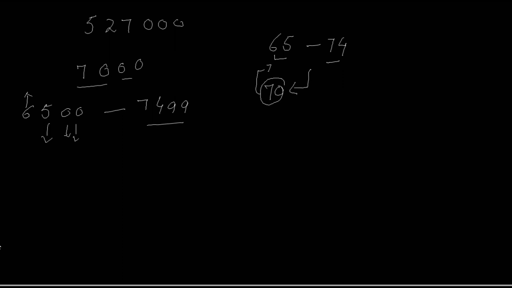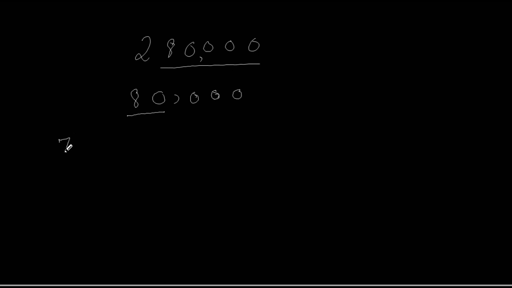Let's do one more question. For example, I have 280000. Now you know which number has been rounded, that is 80 thousands. I'm writing here 80 thousands, and now I'm going to find the range of numbers directly. The nearest number which can be rounded to 80 is 75.